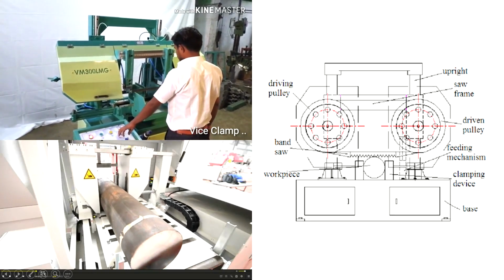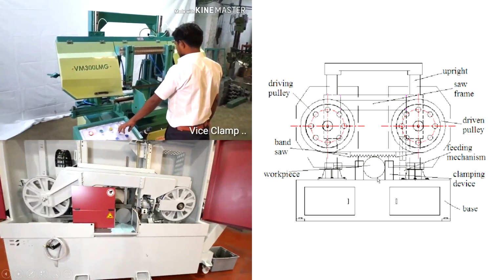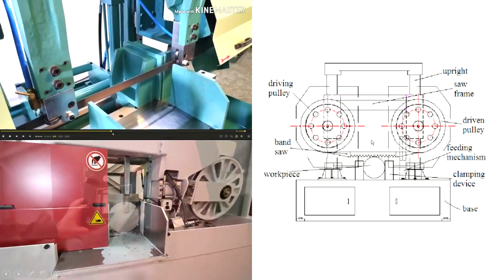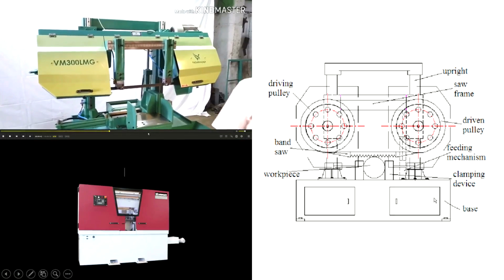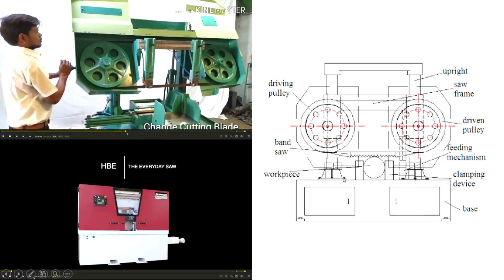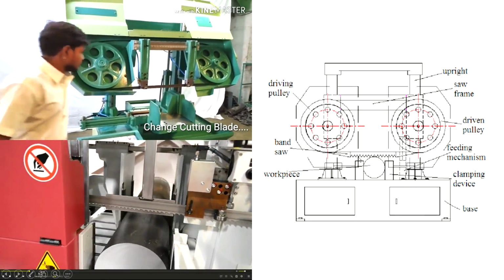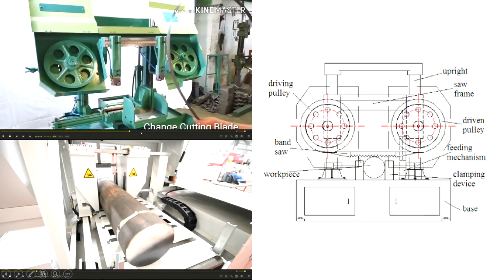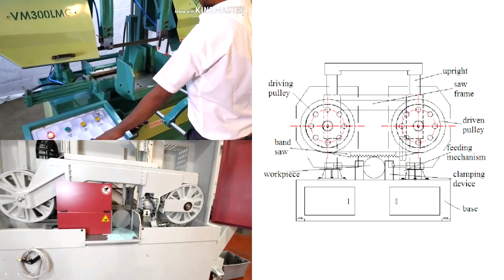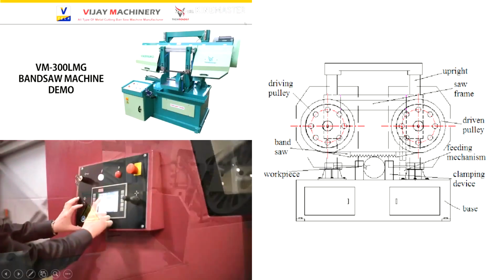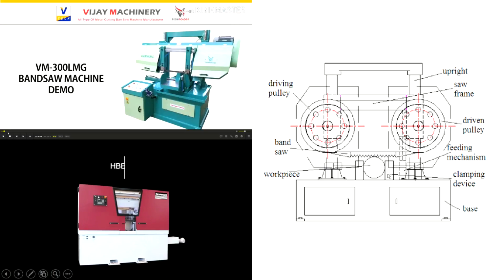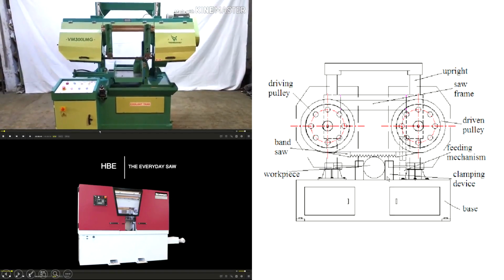As you can see, there are two pulleys attached to the machine, the driving pulley and the driven pulley. The pulley will operate and move the bandsaw, and the bandsaw will cut the workpiece of the metal shaft.